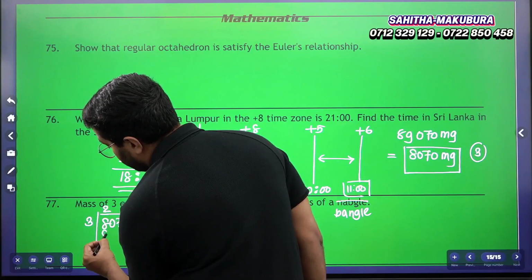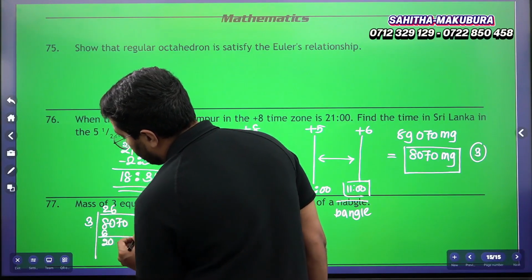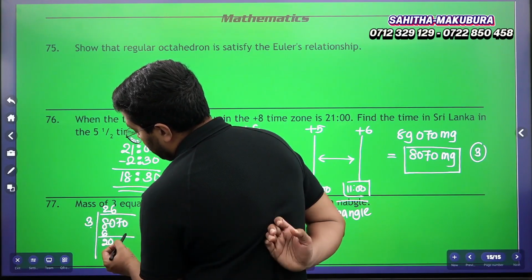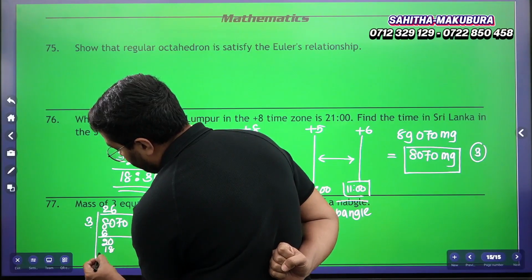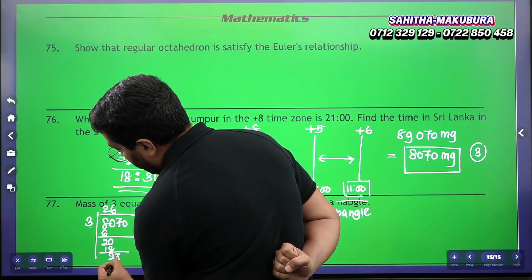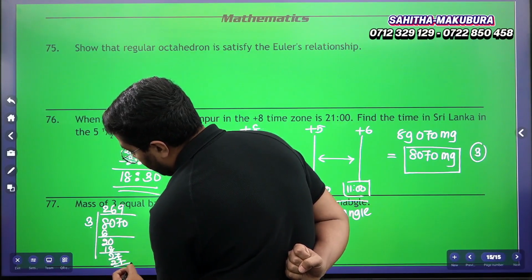2 times 3 is 6. 20 divided by 3: 6 times 3 is 18. 27 divided by 3 is 9, 9 times 3 is 27. The remainder is 0.